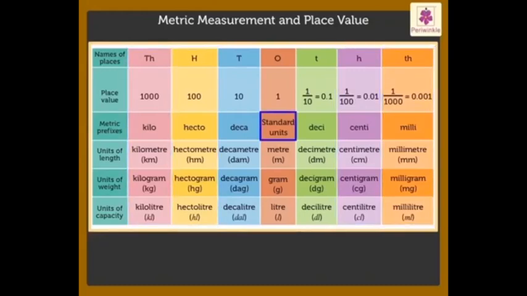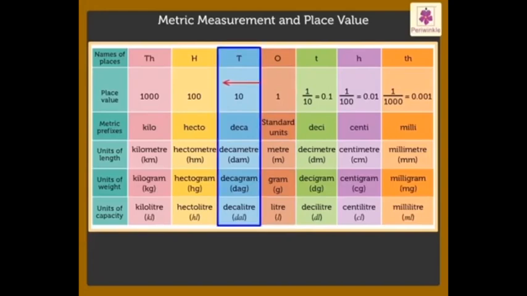The standard units of measurement, meter, gram, and liter, are placed in the ones column. As we move to the left, the units in the tens column are 10 times bigger than the standard units.